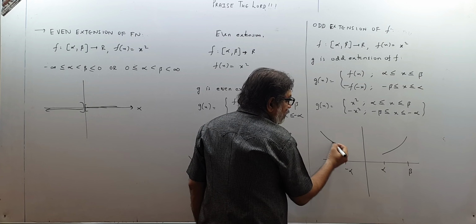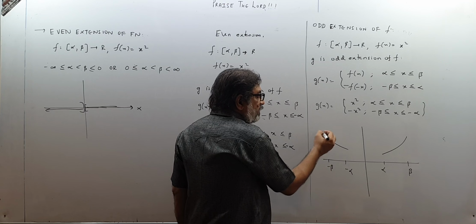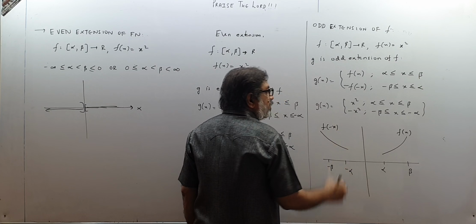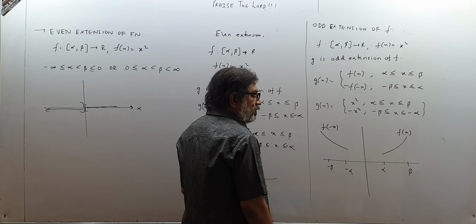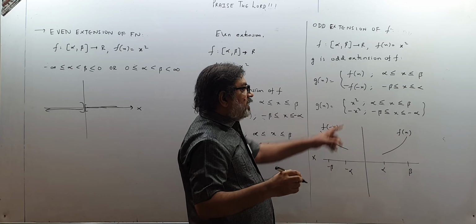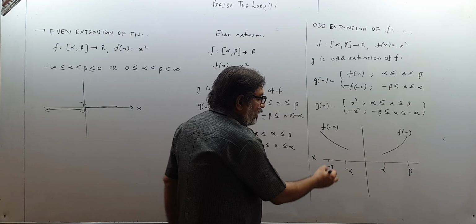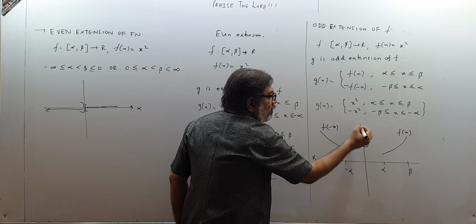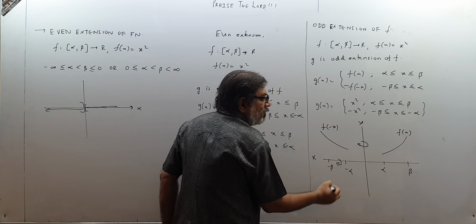So this will be the reflection. So this is f(x) for me, and this is f of minus x. I want minus of this, so take reflection along the x-axis now. So from this, if you want to go to minus, then take reflection about the x-axis. So first we took reflection about the y-axis, now we take reflection about the x-axis.